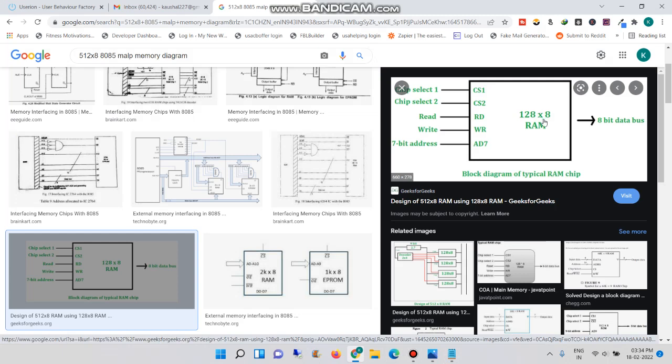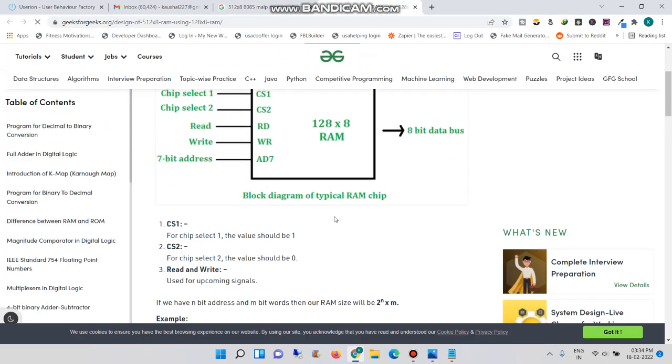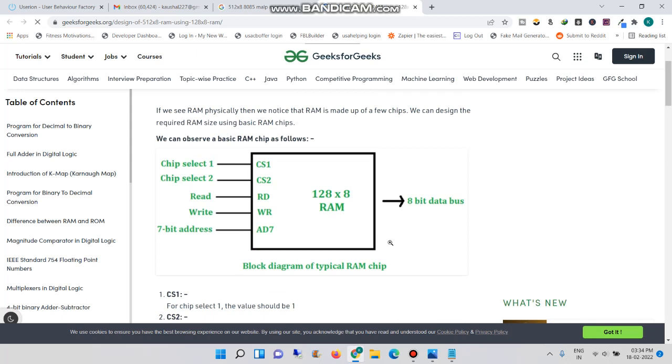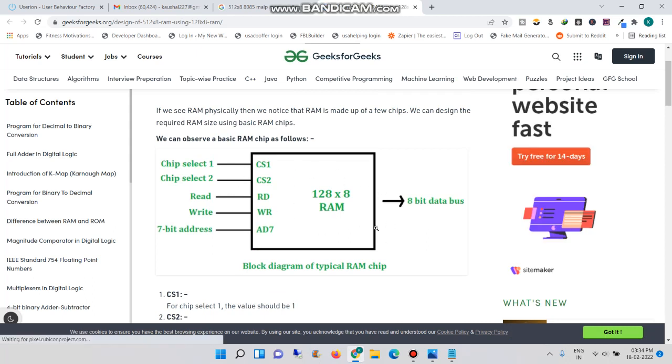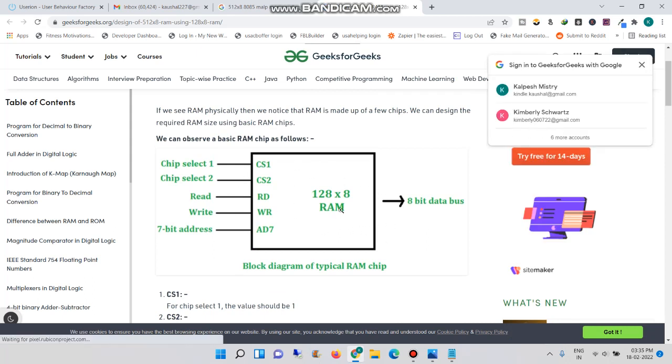And if it is 512 into 8, then what will be here? It will be an 8-bit address. So this is the block diagram you can write. This is a very good diagram to draw in your exams. This is the diagram for 128 into 8.